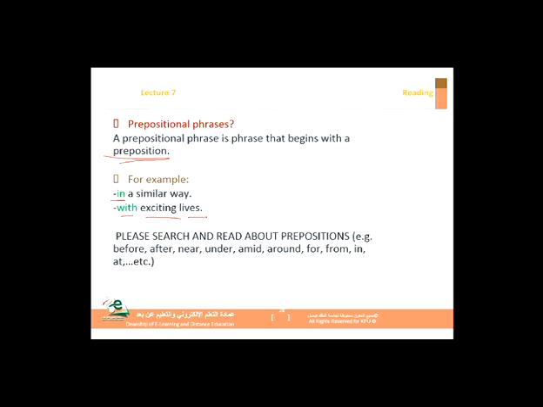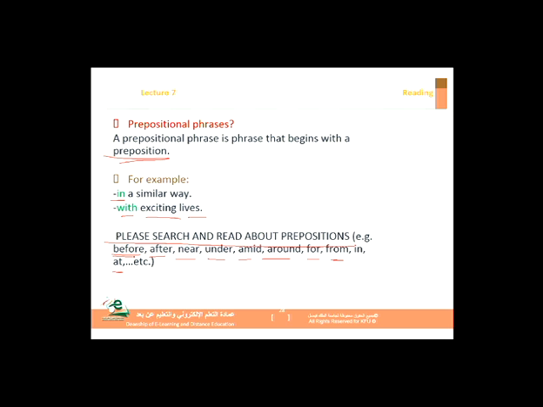So read about prepositions, try to find out some more prepositions. Of course, you should have studied them in another course, which is grammar or structure. But some examples, just to show you: before, after, near, under, amid, around, for, from, in, at. So at a higher level, that's a preposition.